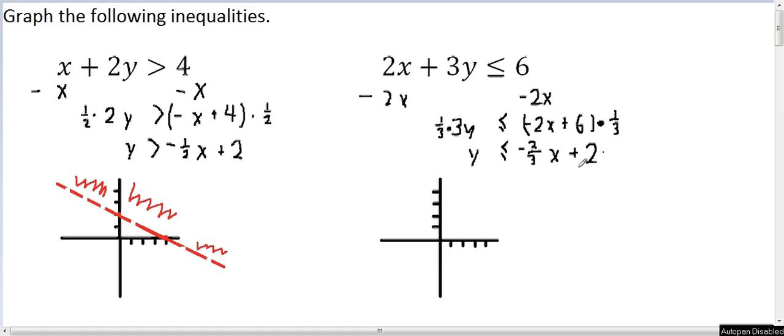So once again, we want to graph the boundary first, which is y equals minus 2/3 x plus 2. So the y-intercept of that line is 2, and the slope is minus 2/3.